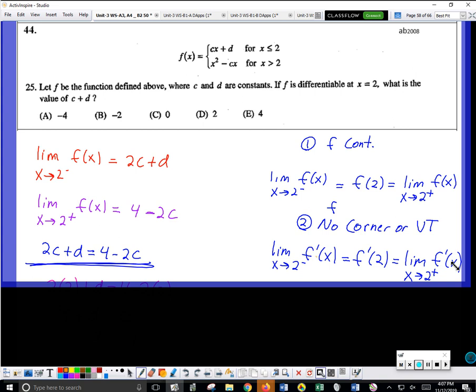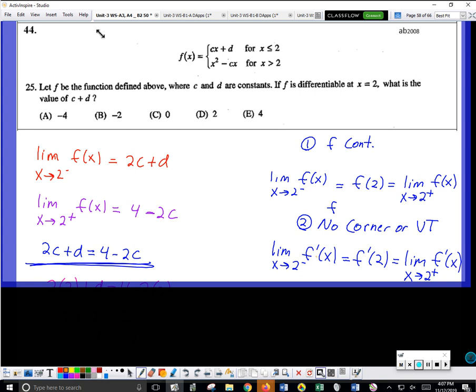So what do I do now? You find the derivative? So we find the derivative. Because remember, this is a formula for F, but it's nothing special.